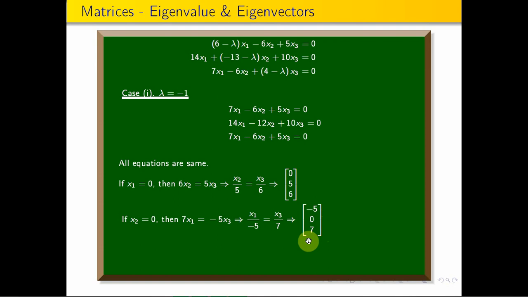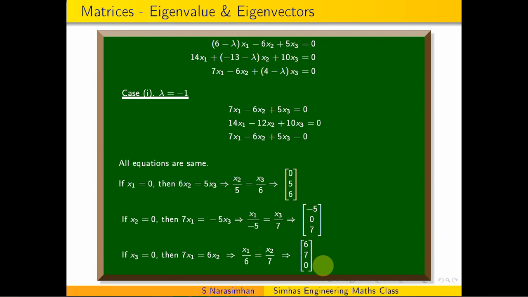Now finally, for the third eigenvalue lambda is equal to minus 1, you take x3 equal to 0, then we get 7x1 is equal to 6x2. This implies that x1 by 6 is equal to x2 by 7. Therefore, the eigenvector is (6, 7, 0). This is the answer for this problem.